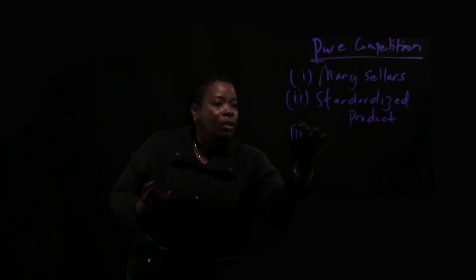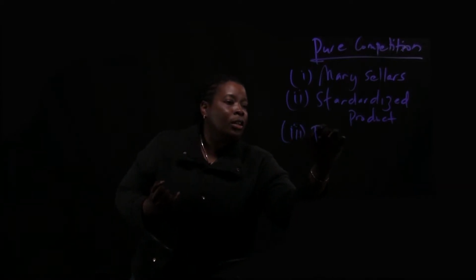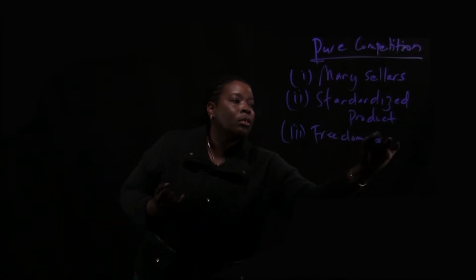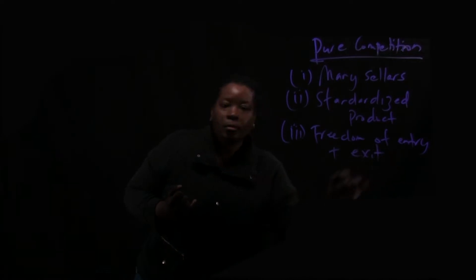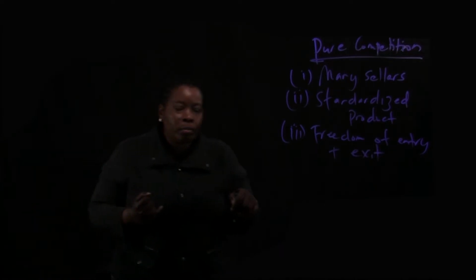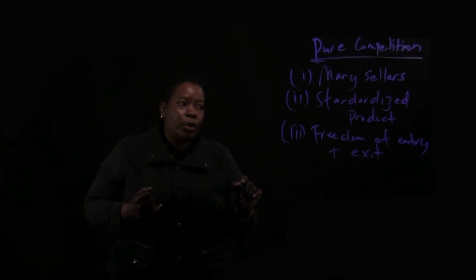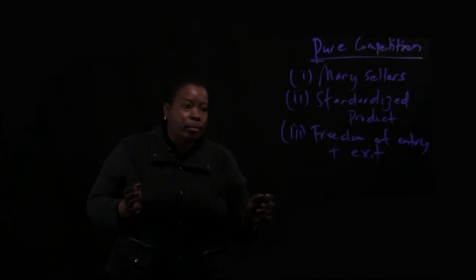The third thing is, in this market structure, there is freedom of entry and exit, which means new firms can enter this market structure freely. And if you're an existing firm and you want to leave, you can, okay?